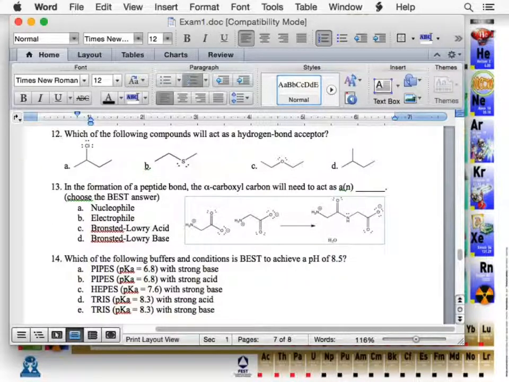In the formation of a peptide bond, the alpha carboxyl carbon will need to act as. We're going to keep coming back to these definitions, particularly as we move through our glycolysis kind of stuff. If we look at the end result, we are forming a bond between the nitrogen and the carbon.